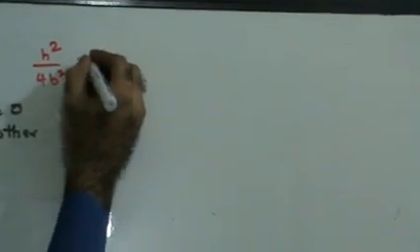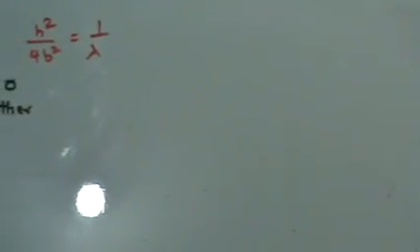Right? If we solve this, you will get h square upon 4b square is equal to 1 upon lambda. But we know the value of h. h is 2.